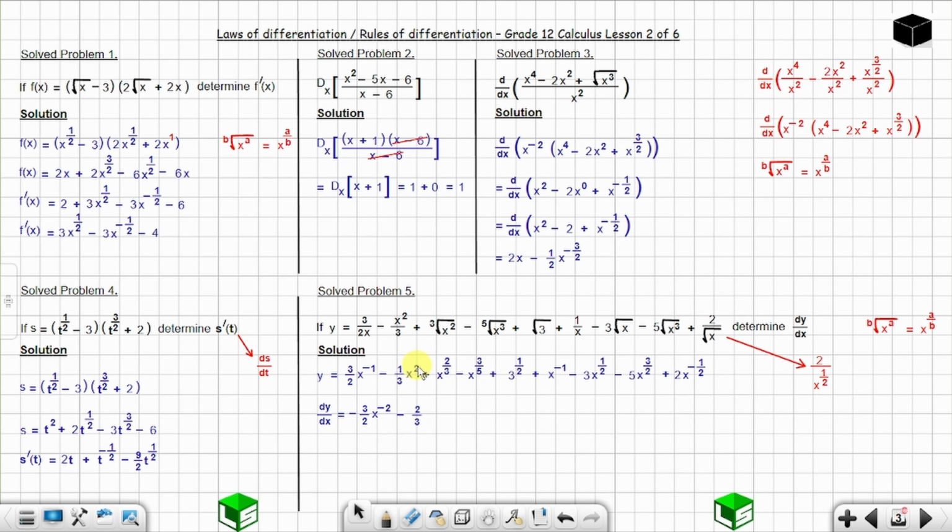The exponent is 2 times the coefficient, x to the power of 1 when you subtract 1 from the exponent. Plus, you take your exponent 2 over 3 times the coefficient 1, so it will be 2 over 3 x to the power of, you subtract 1 from this. 2 over 3 minus 1 is equal to minus 1 over 3.